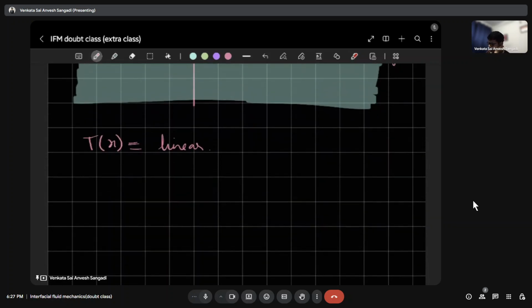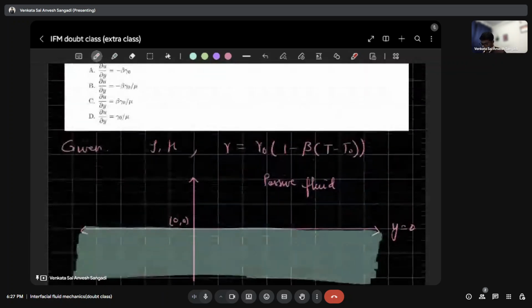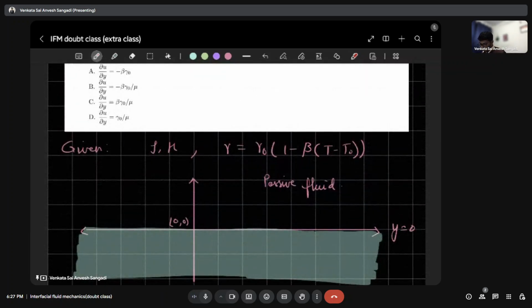We are asked to find del u by del y at y equal to 0. We also know that del gamma by del x equals minus beta gamma naught.